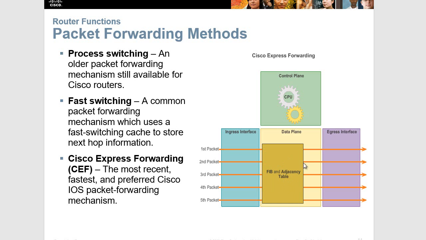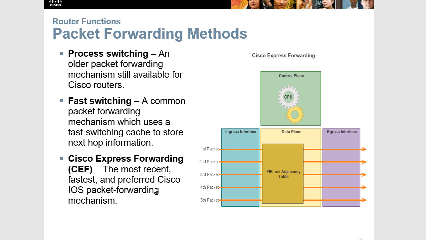Once all that information is learned, then your CPU is taken out of the process. You can just do some reverse lookups in this adjacency table and make decisions there because, well, every next hop basically is mapped, so it makes things a lot quicker. You're not having to make decisions using the CPU, you're just using this table down here. So that's why it's the most efficient of the packet forwarding methods.